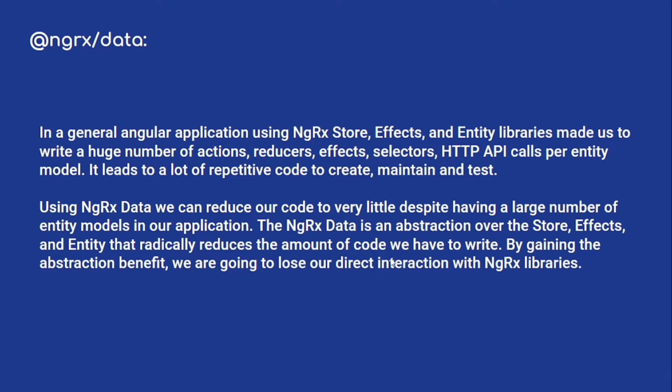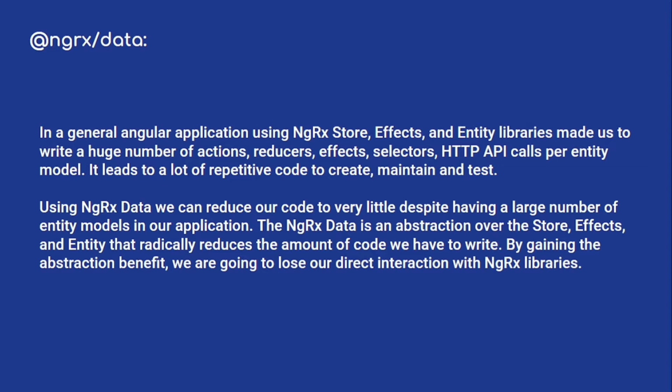By gaining this abstraction benefit, we lose our direct interaction with NgRx libraries. Since it is an overlay and gives all predefined methods, selectors, and dispatchers, we lose control over NgRx directly. We are going to use only the predefined methods. That is the disadvantage of NgRx Data.